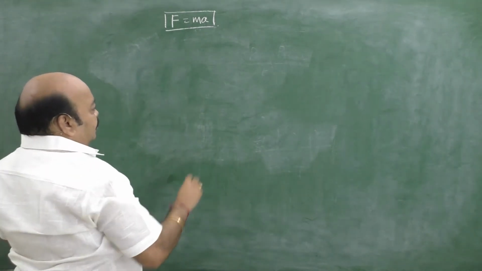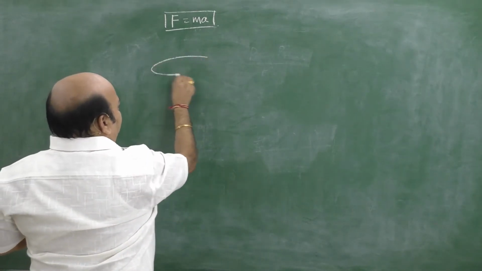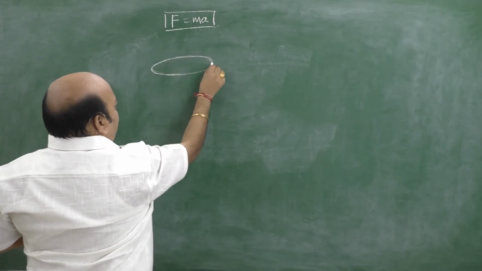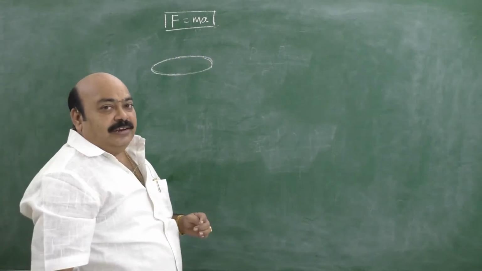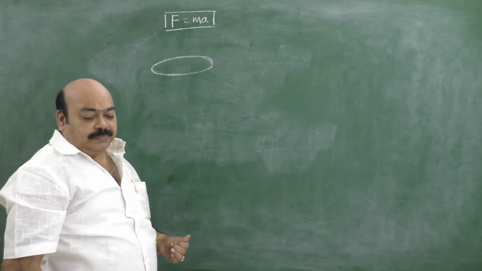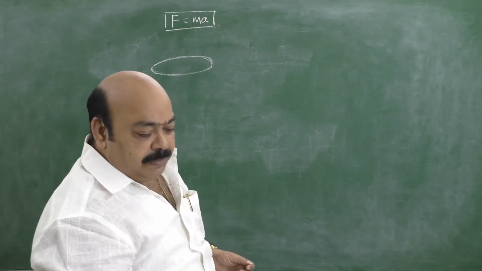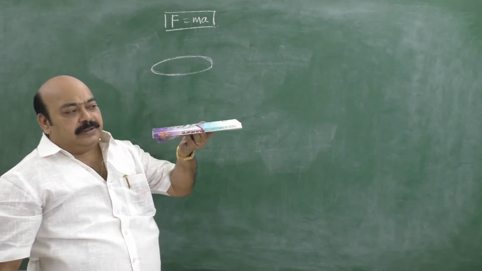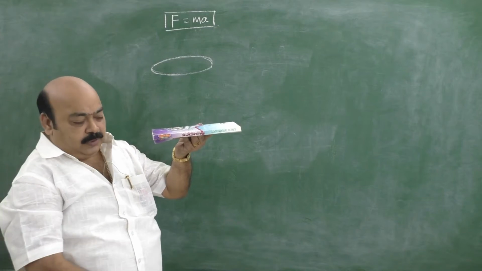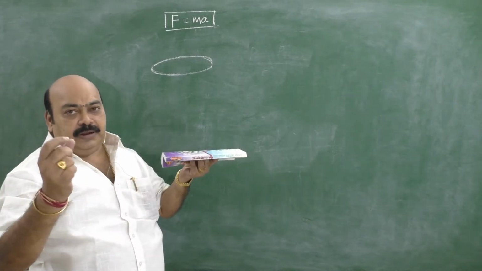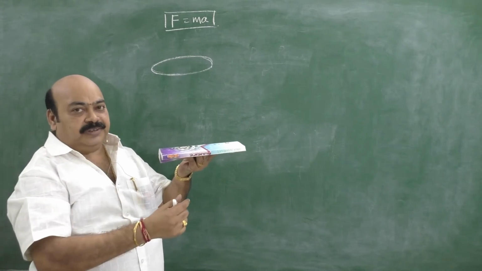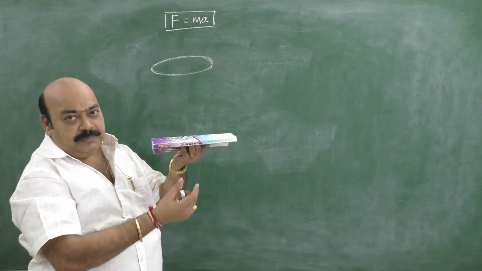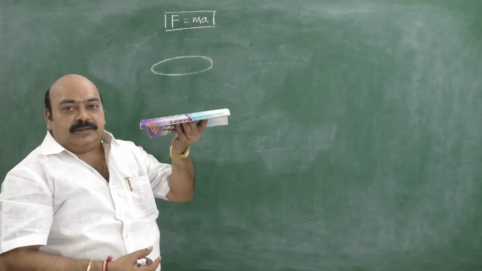Now, one more case. A uniform metal circular plate. It is one of the exhibition articles in science fairs. A metal plate can be balanced in mid-air by continuously throwing small metal spheres, that means marbles. They continuously hit the plate at regular intervals of time, so that the plate does not fall down.